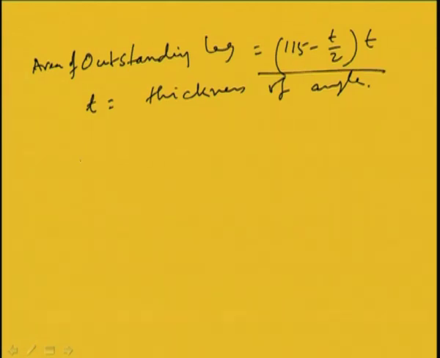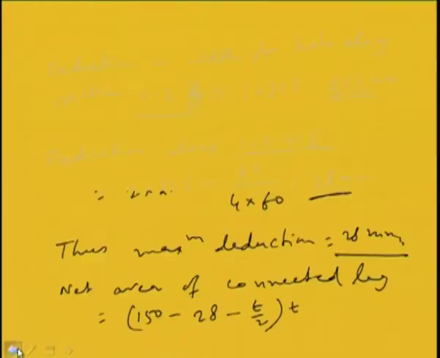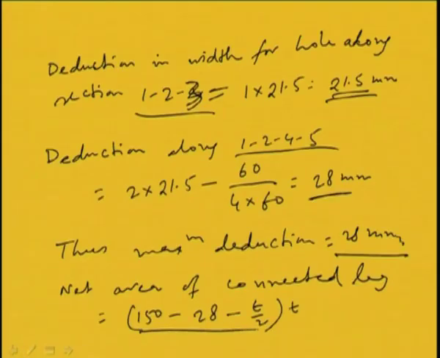Now we will see that this is coming quadratic, means unknown t square by 2 will come. So, to simplify, let us assume t as say 10 mm. Then A1 we have calculated as (150 minus 28 minus t by 2) into t.